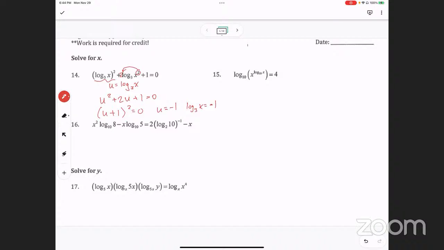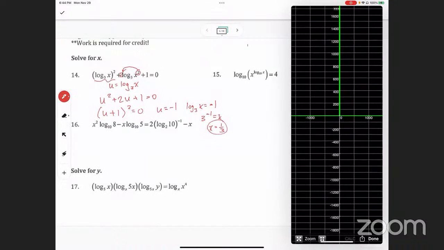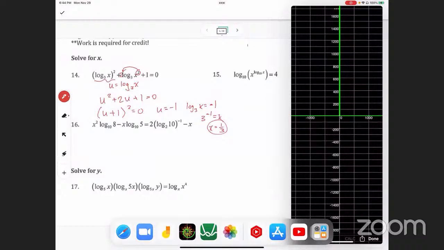Oh no, actually we do have a solution, which means 3 to the -1 equals x, or x equals 1/3. Got it? Yeah. And we can check that answer, as we are accustomed to doing.